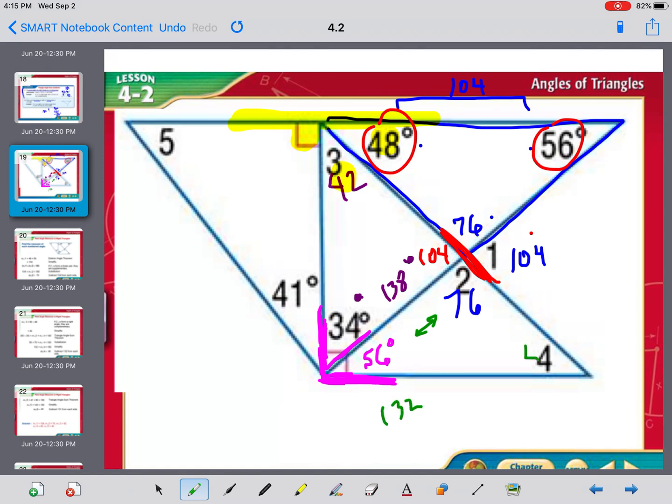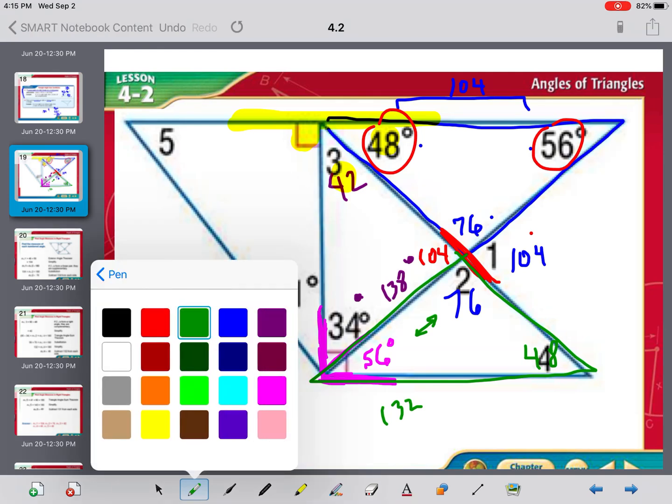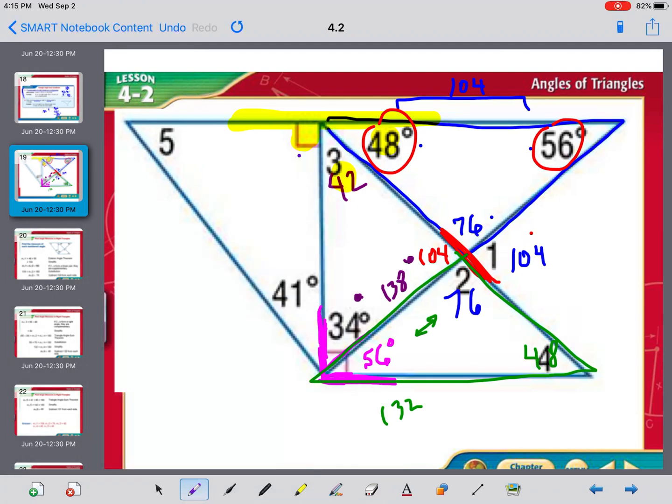That's particularly helpful because these two then add up to 132, leaving me with 48 for this one, because I've got to have 180 out of the whole thing. It's a triangle. The last thing I see that we have not dealt with is angle 5 up there.